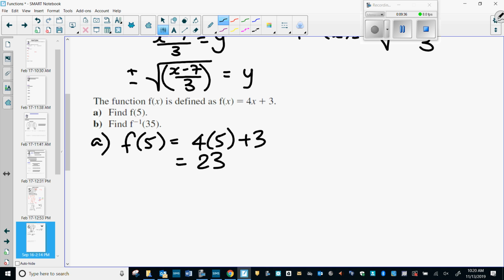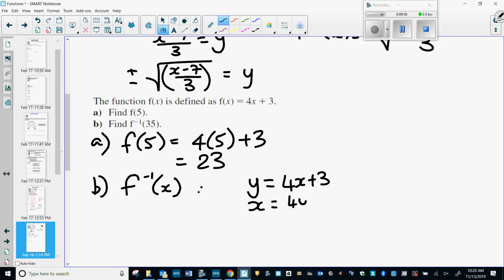Now this next one says we need to find f⁻¹(35). So we first of all need to find an expression for f⁻¹. For part B, our first step is to find f⁻¹(x), is my suggestion. So to do that, we're going to write y equals 4x plus 3, x equals 4y plus 3.